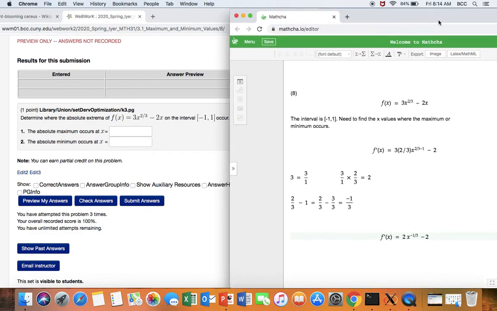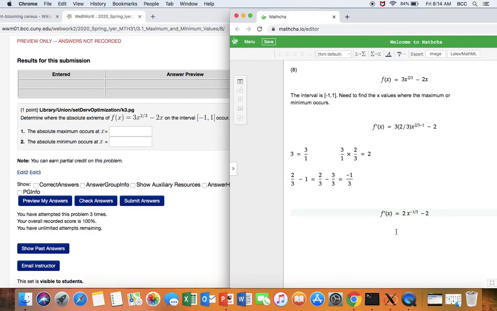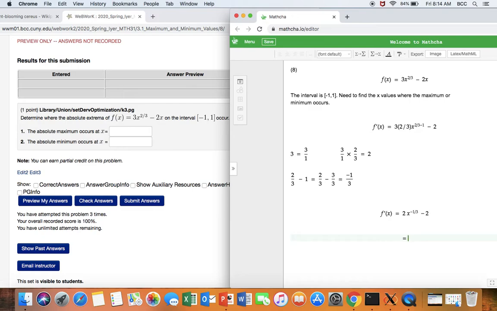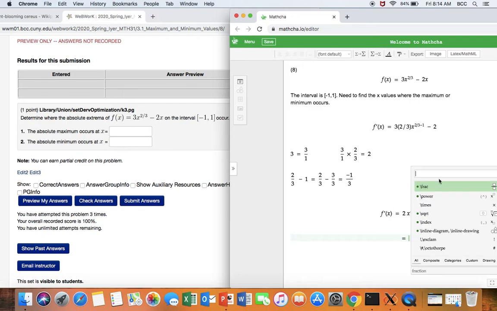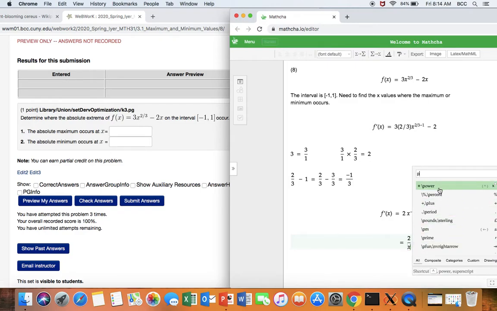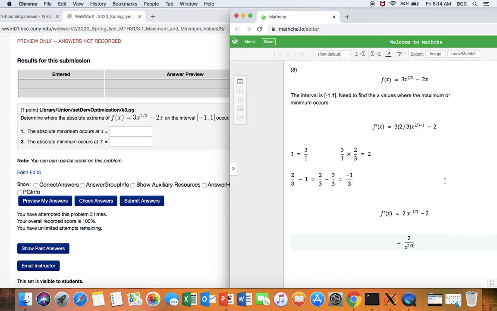So that tells me what? Okay, so this is a fraction by itself, 2 upstairs, x to the power 1/3. Okay, negative exponents go down, minus 2.